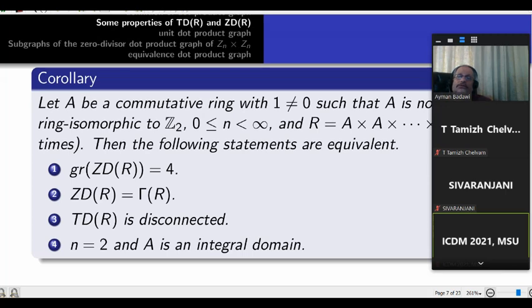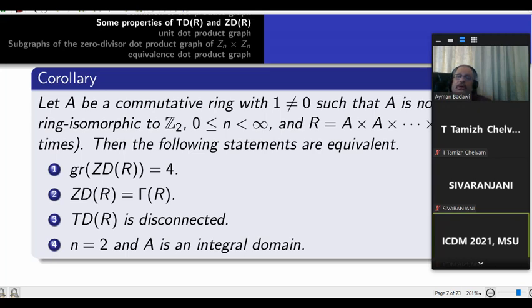All right. So if you tell me the girth is 4, then I know that the total dot product is disconnected, and I know that n has to be 2 and A has to be an integral domain.